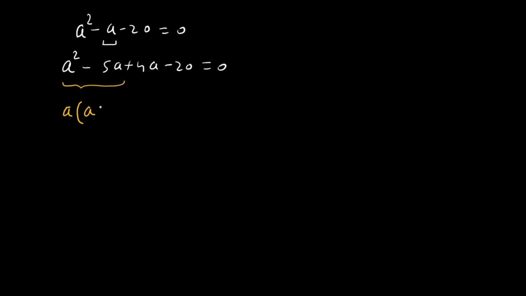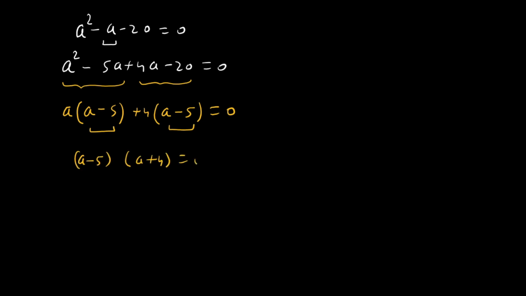In 4 times a minus 20, if we take 4 common, we get 4 times (a minus 5), equals 0. Here a minus 5 is common, so we get (a minus 5) times (a plus 4) equals 0.